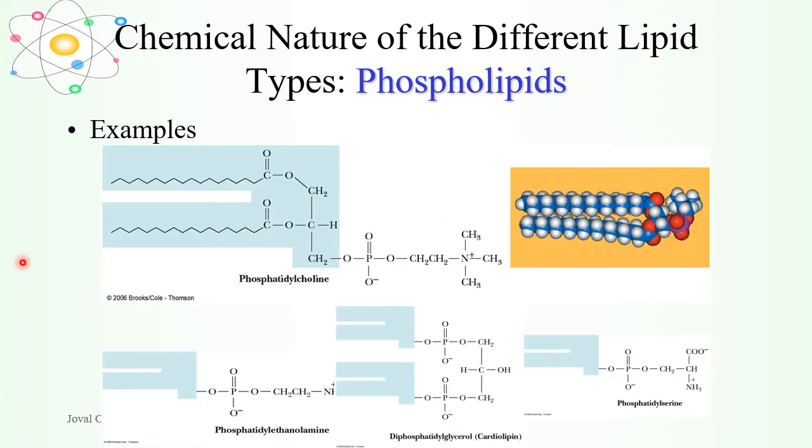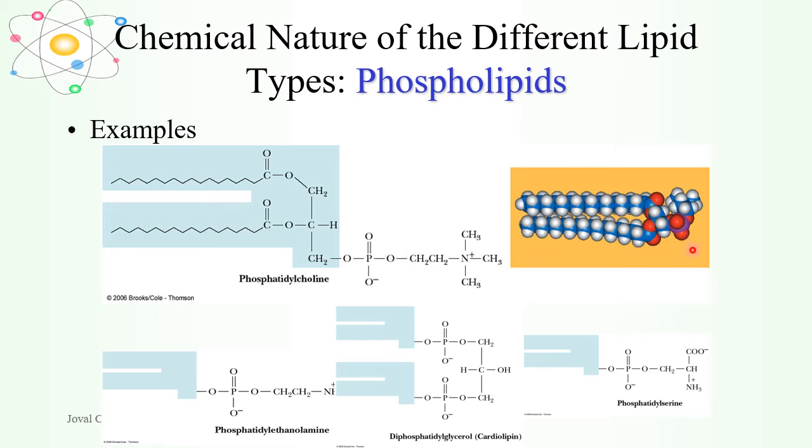Some examples of phospholipids: you have phosphatidylcholine. You have glycerol, the two carboxylic acid components, the phosphoric acid at carbon 3, and then the alcohol that is now connected to the phosphate group. This makes this phosphatidylcholine.